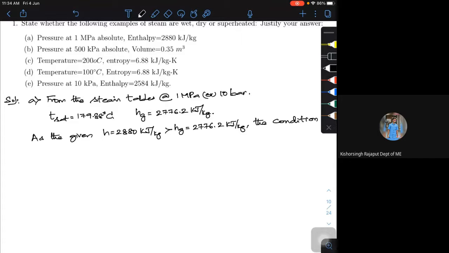So definitely the steam is in superheated condition. You got it? So the first condition is superheated steam.